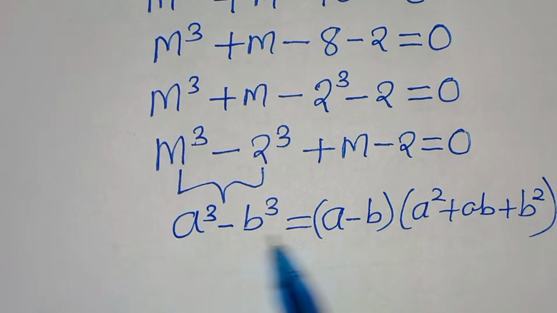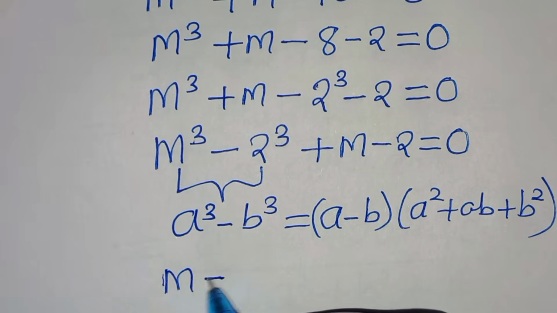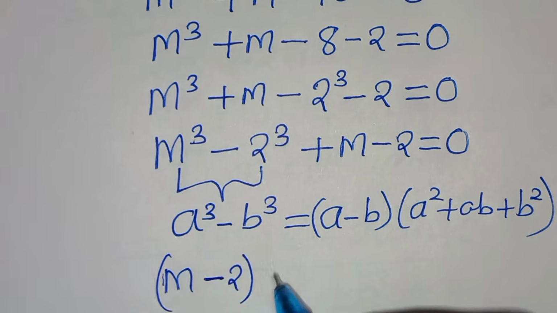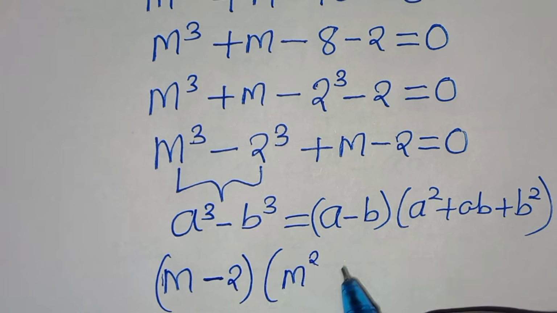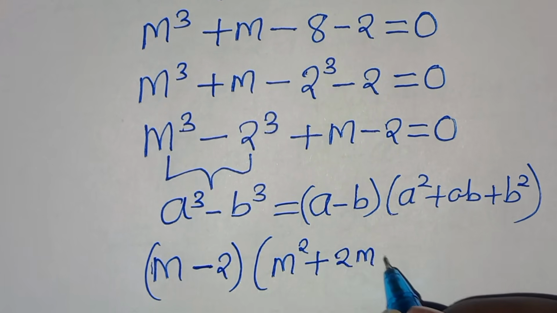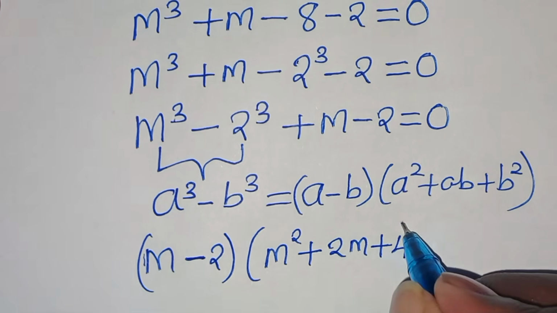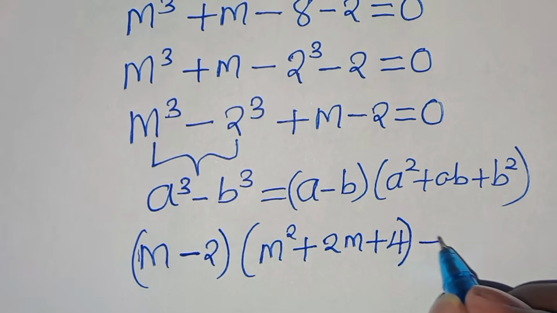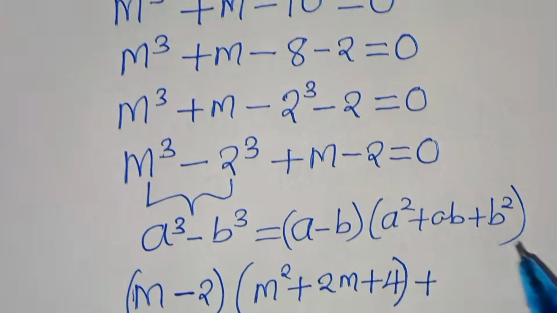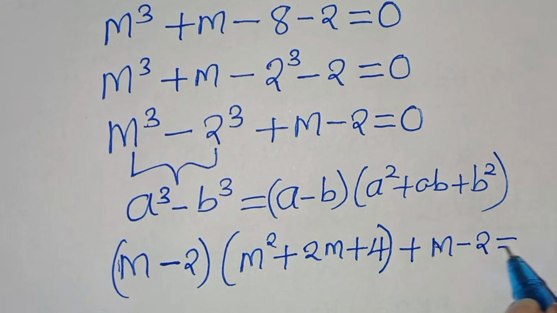Applying this identity, we have m minus 2, then m squared plus m times 2, which is 2m, then plus 2 squared, which is 4, close the parentheses, then plus m minus 2. This is equal to 0.